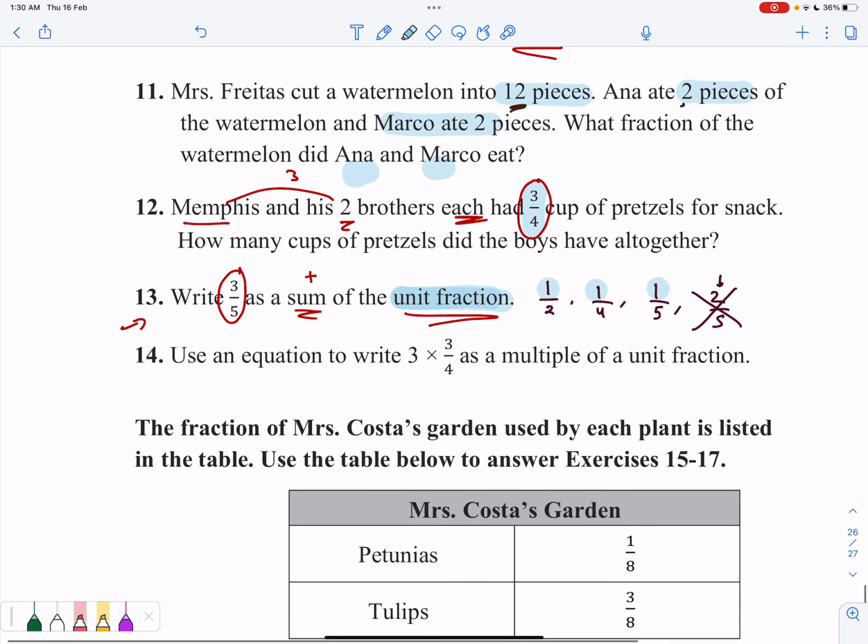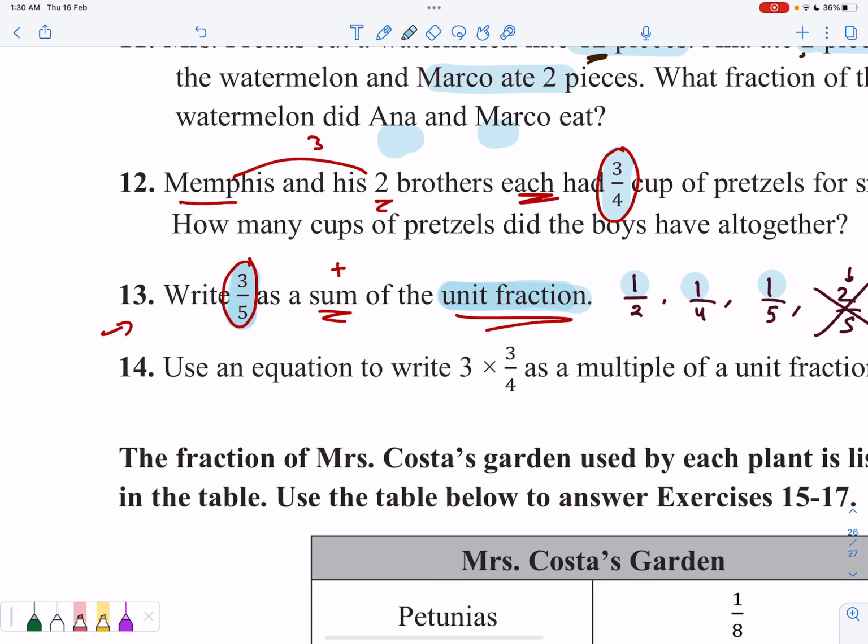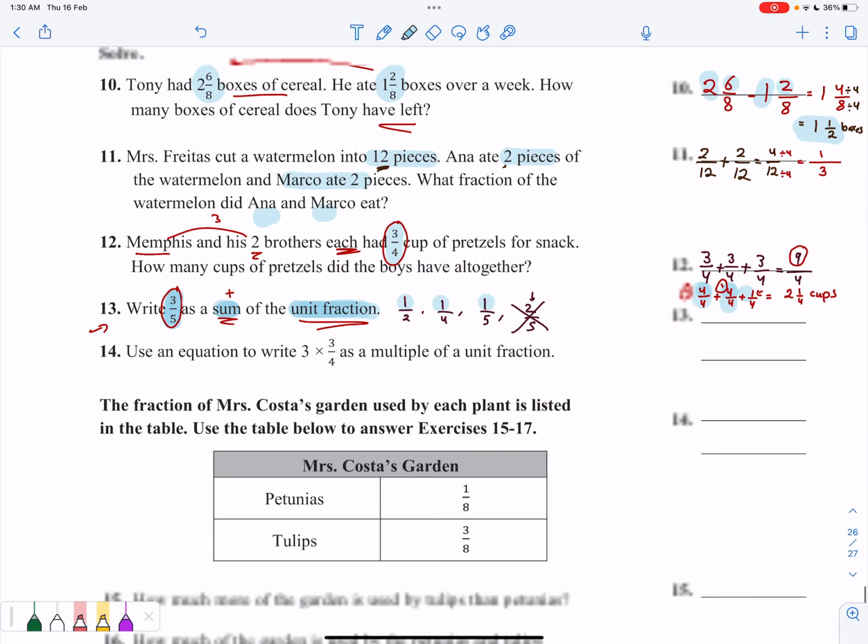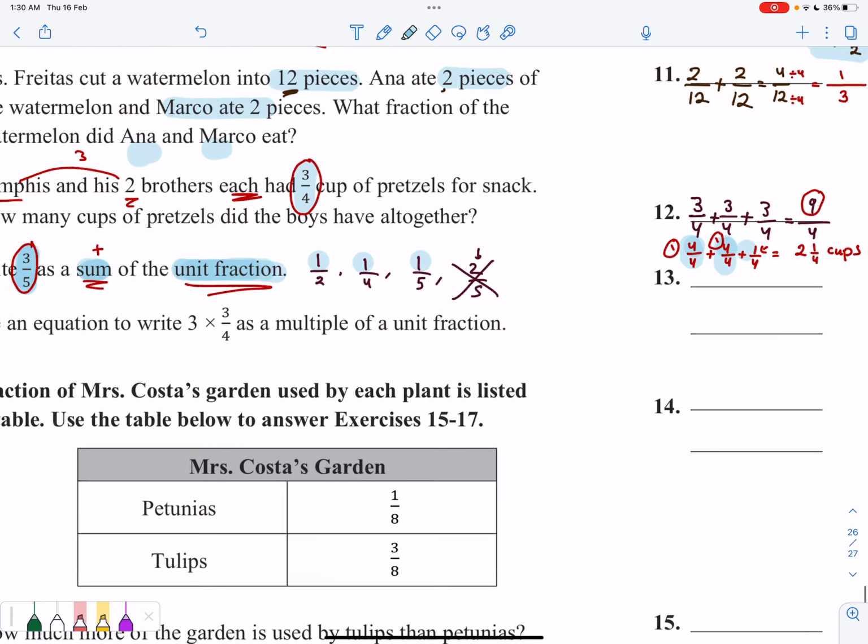So he wants us to write 3/5 as a sum, like an adding equation, of unit fractions. That is an easy thing to do.